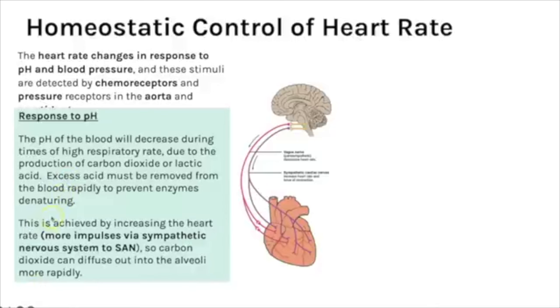So this is achieved by increasing your heart rate so that the dissolved carbon dioxide in your blood can reach your lungs faster and therefore diffuse out into the alveoli and be exhaled. So that would mean you need more impulses going down the sympathetic nervous system to the SAN to increase the heart rate.